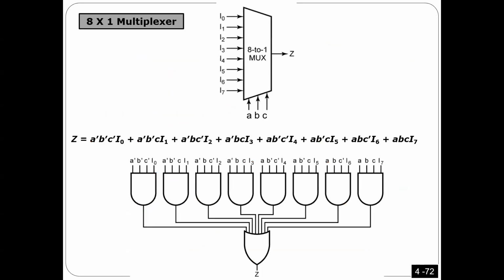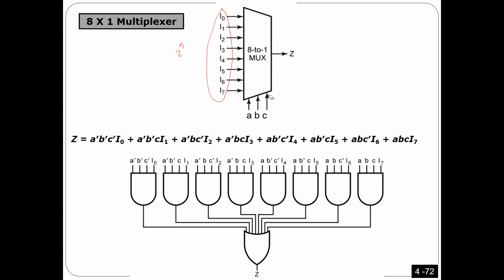Let's talk about one more: 8 to 1. When I have 8 inputs, how many bits do I need in the selector? I need 3, because the relation is 2 to the power of n, so 2 to the power of 3.